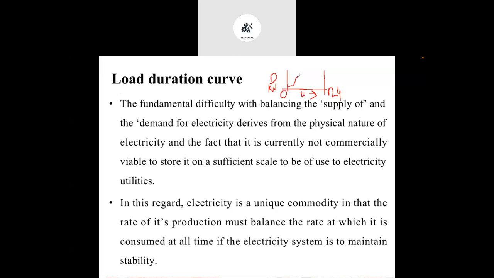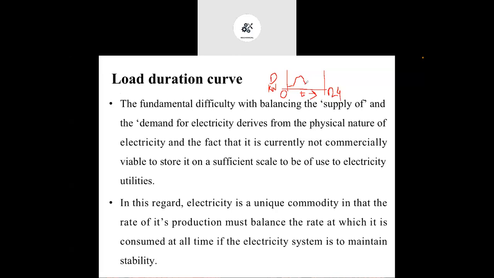In the morning, demand will increase, because all the people are starting to go for work. In that case, it will require higher energy for the geysers and for the other appliances. So the requirement, or the demand, will increase for the morning session, up to 10 to 11 or 11 to 12.